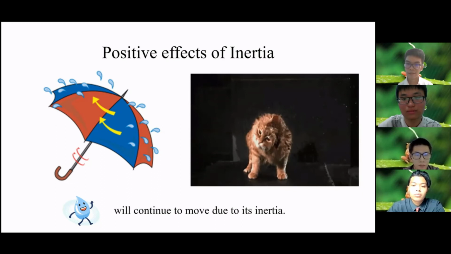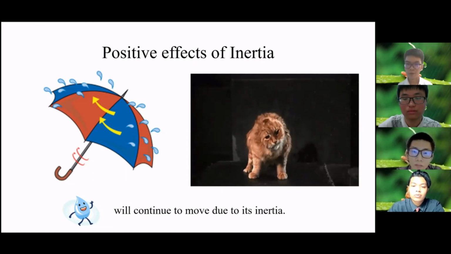As you can see here, what is this animal doing? Animals such as cats and dogs will shake their bodies vigorously when they want to dry their fur. Similarly, the droplets of water on the fur tend to continue in motion when the fur is reversed in direction during shaking.